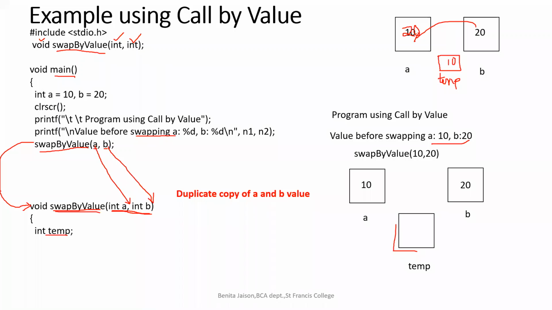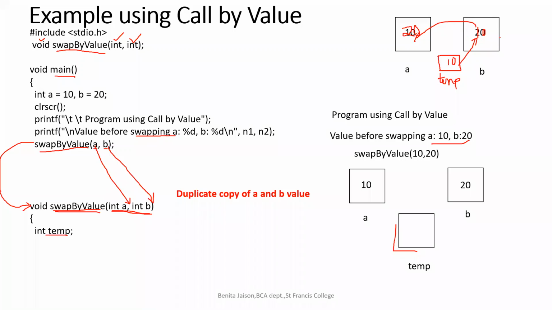In the next step, I will copy b equal to temp. So I will be copying the value 10, and it will overwrite the value 20 over here. So ultimately, now a is equal to 20 and b equal to 10. Understood? This is called swapping, right? So we are using a separate variable in order to swap the values of a and b.